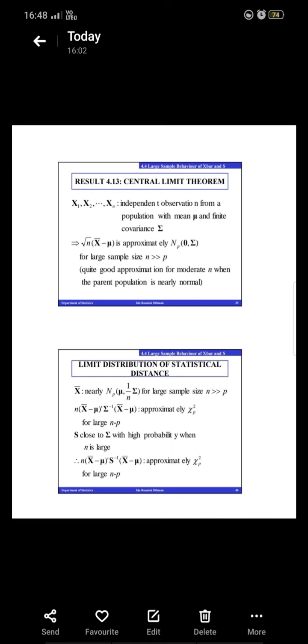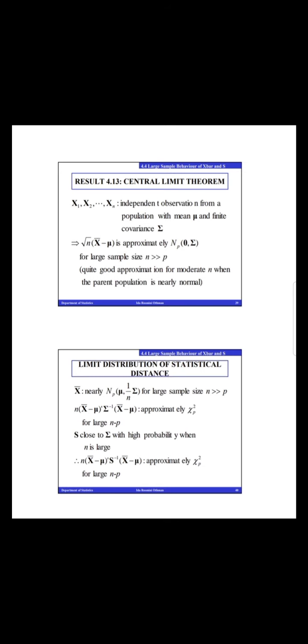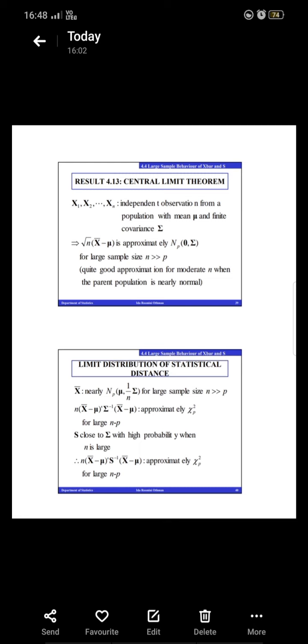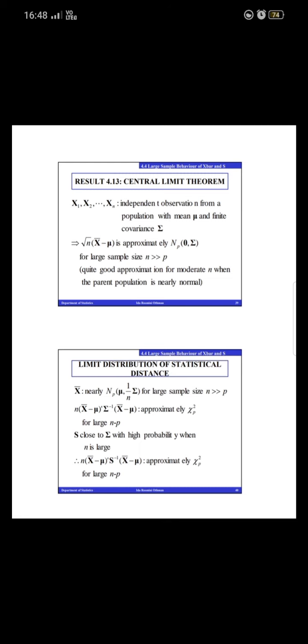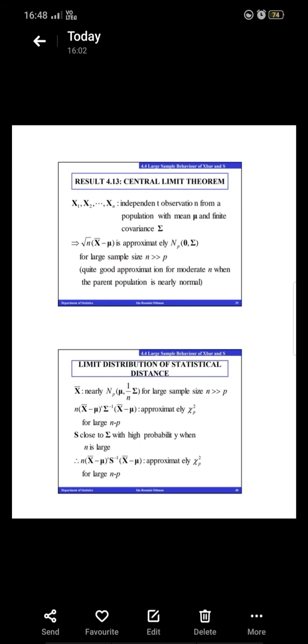Okay, so this term yang kedua you need to memorize: n multiplied by (x bar minus mu) transpose, multiplied by big sigma inverse, multiplied by (x bar minus mu) vector, will be approximately chi-square p.